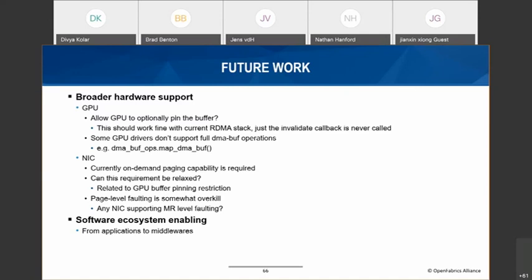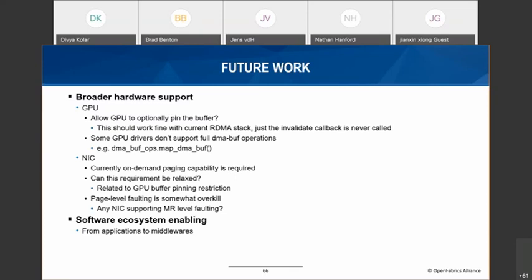They only support mapping from the renderer to the CPU for CPU access, but not a peer device mapping the DMA-BUF. So for those GPU drivers, we need more support from the community to enable more GPU drivers to have full support for the DMA-BUF based peer-to-peer access mechanism.